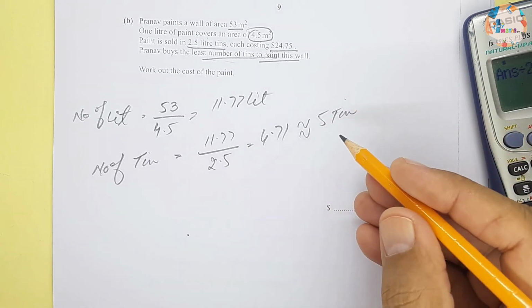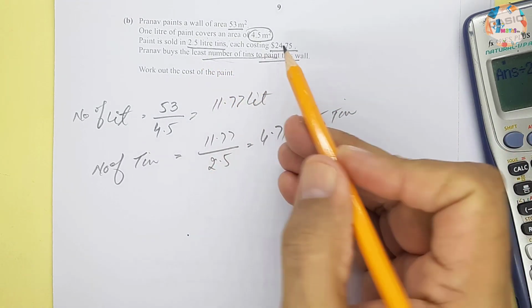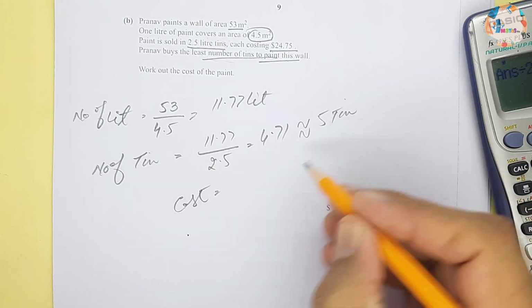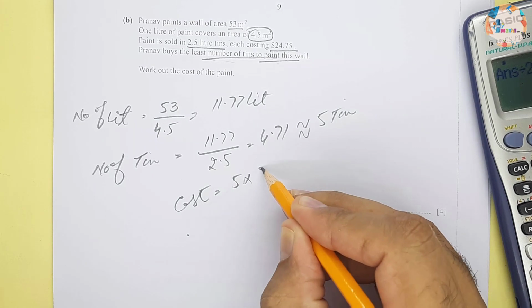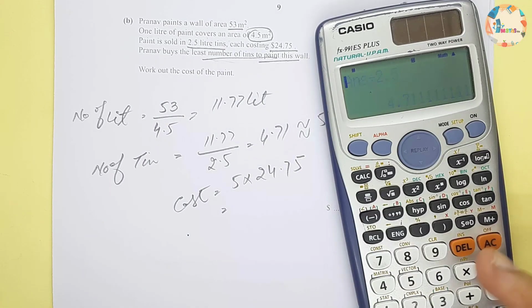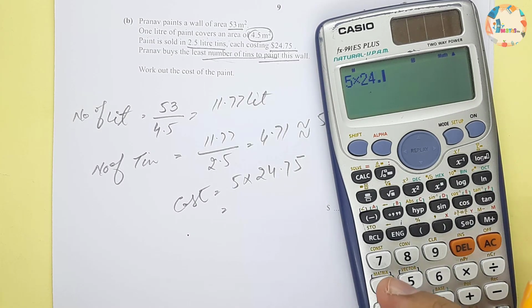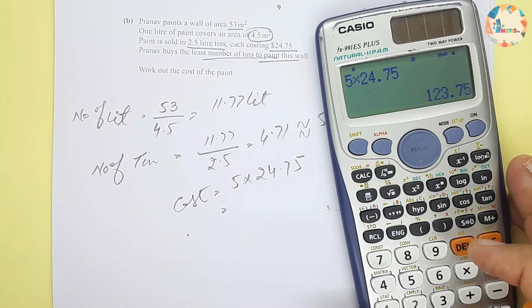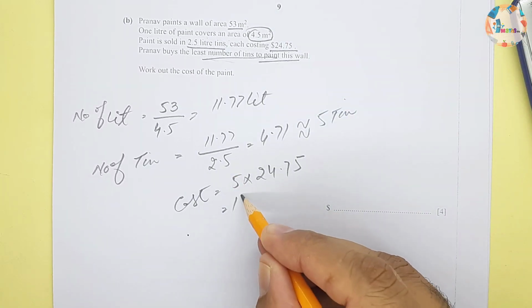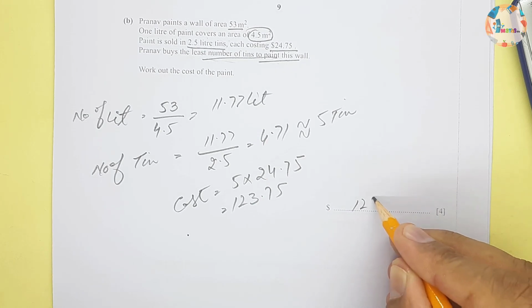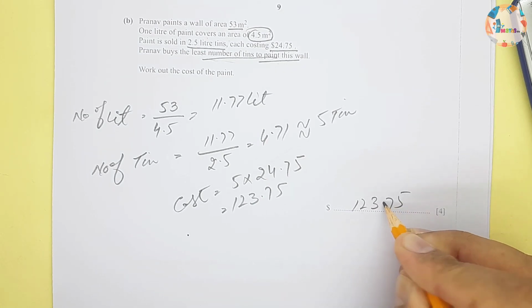So 5 tins, each tin costing 24.75, so cost will be equal to 5 multiplied by 24.75. This will give us the answer 123.75, which is our answer.